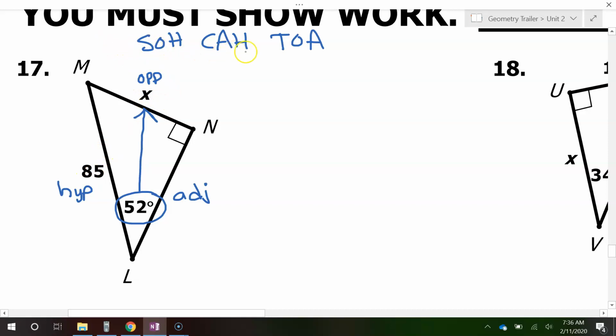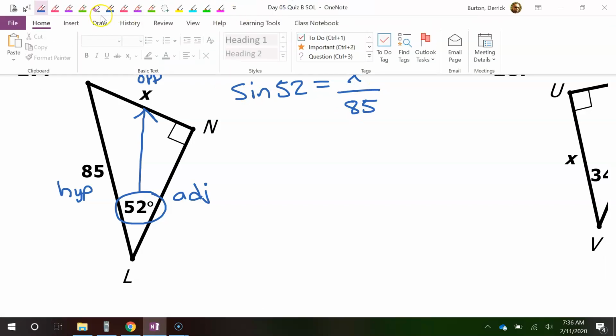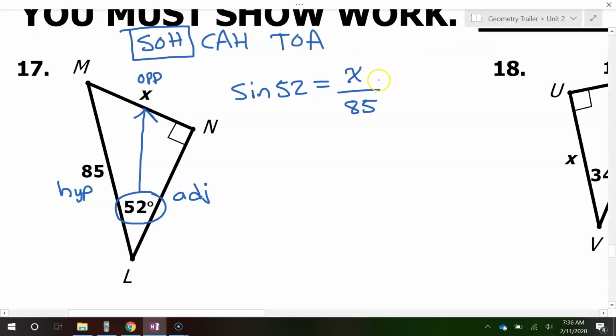Which trig function involves opposite and hypotenuse? That is the sine function. So we will write sine of the angle is equal to opposite over hypotenuse, so x over 85. When the variable is in the top, the numerator, that's when you multiply both sides by the denominator. That way, these will cancel each other out.